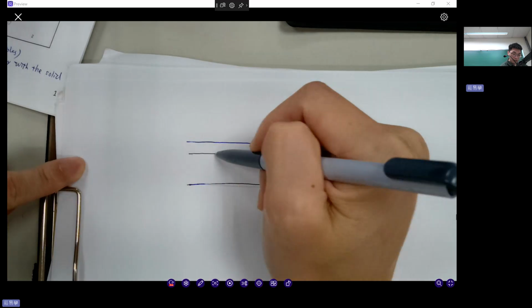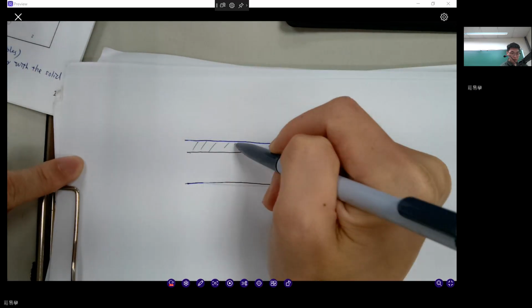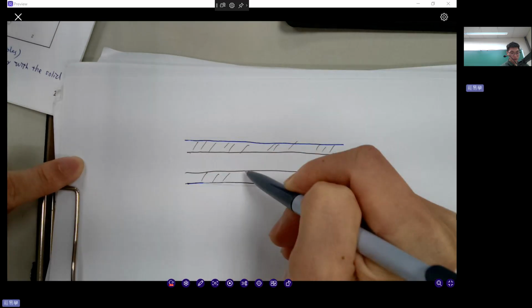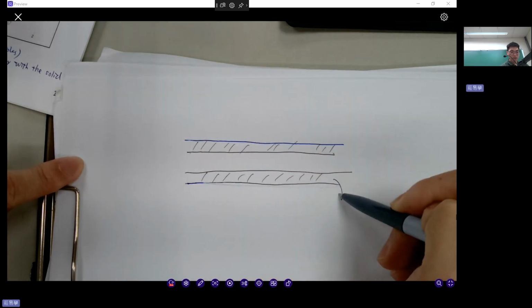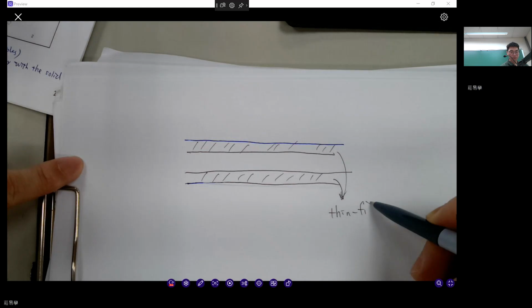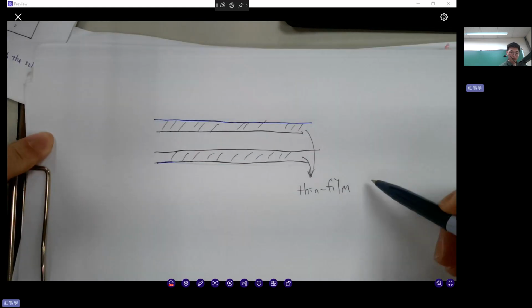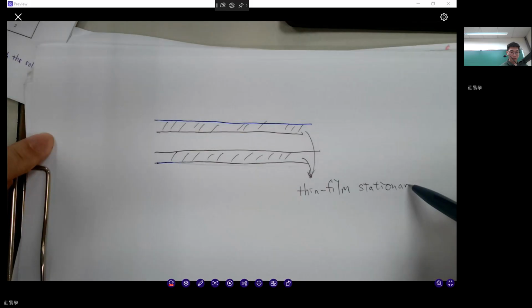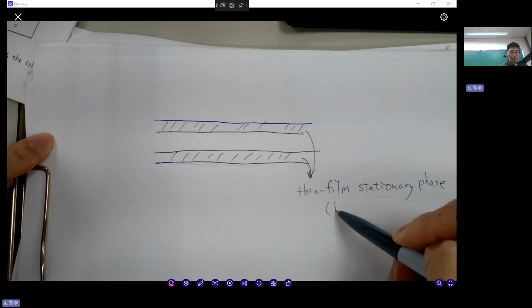Inside the column, you have a thin film, the stationary phase, and it's liquid.